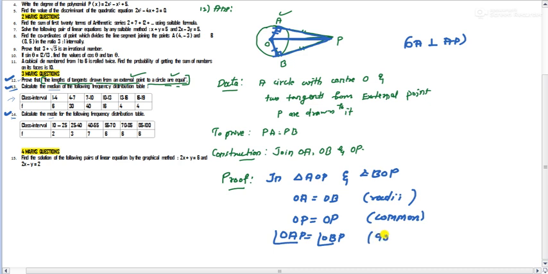Both of them are 90 degrees. And as reason, you can write theorem of circle, or just write theorems. If you can't write this, you can mention something else like this: OA is perpendicular to PA and OB is perpendicular to BP. Even if you write this much, that's fine.